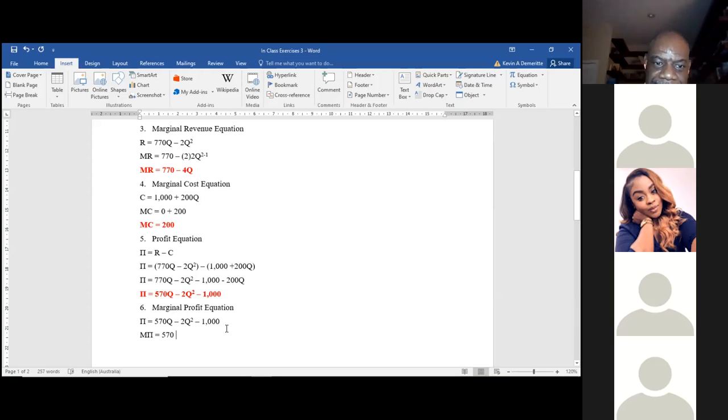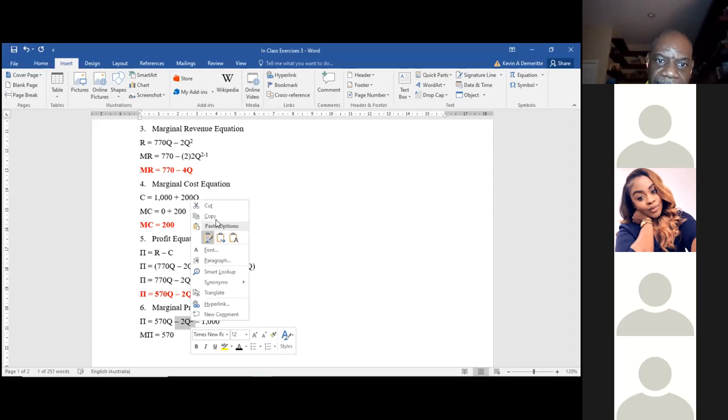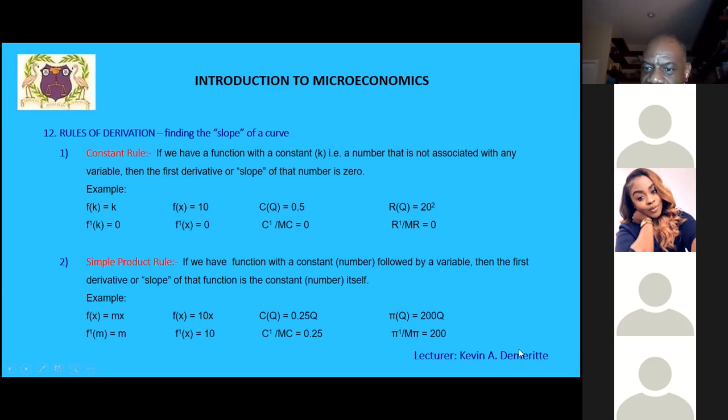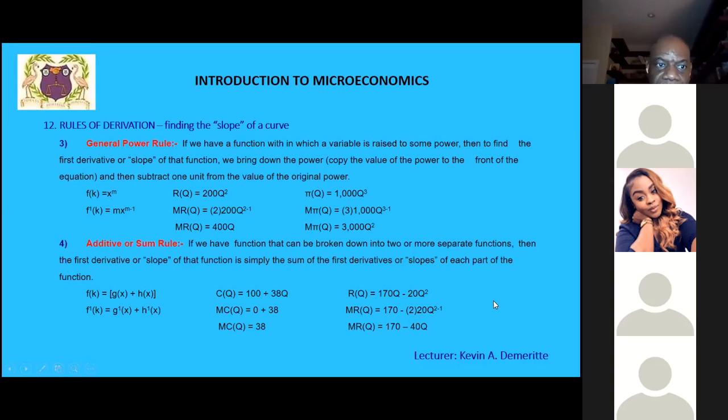Now, this negative 2q squared, that is the second rule. No, that's the third rule. All right, let's go back to our notes. Our note says, the third rule, called the general power rule.